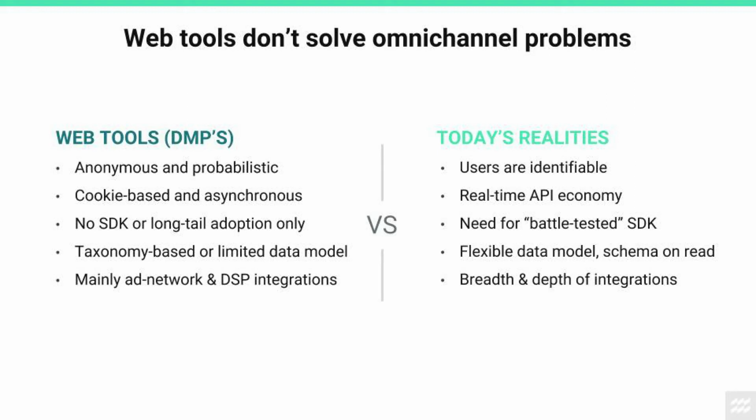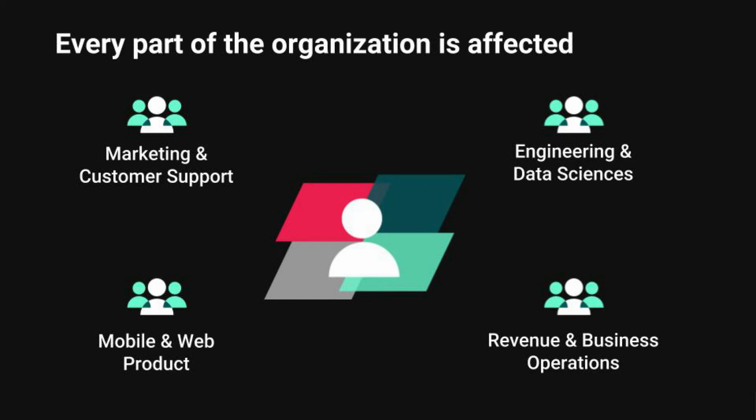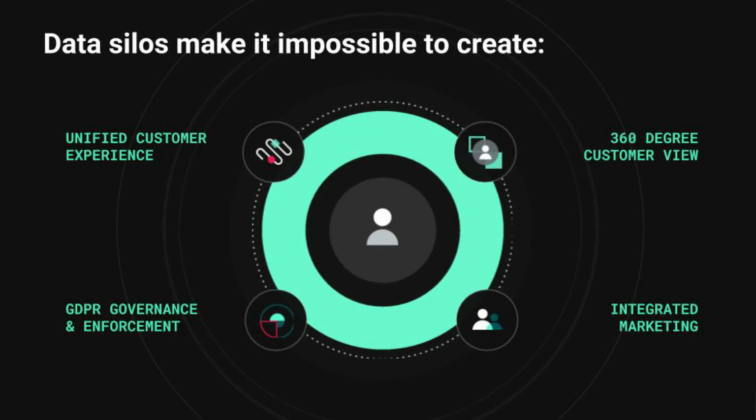But the moment you add mobile or connected devices into the mix, these legacy systems are at a loss. Marketing, product, and engineering teams are often left with data siloed across different channels, and then they have to figure out workarounds to unify and standardize data before being able to gain insight into their customers' journeys.